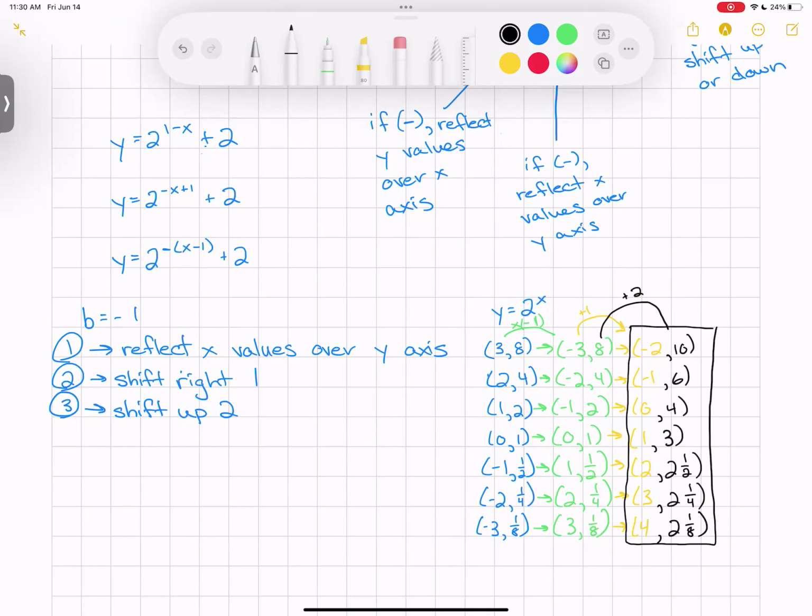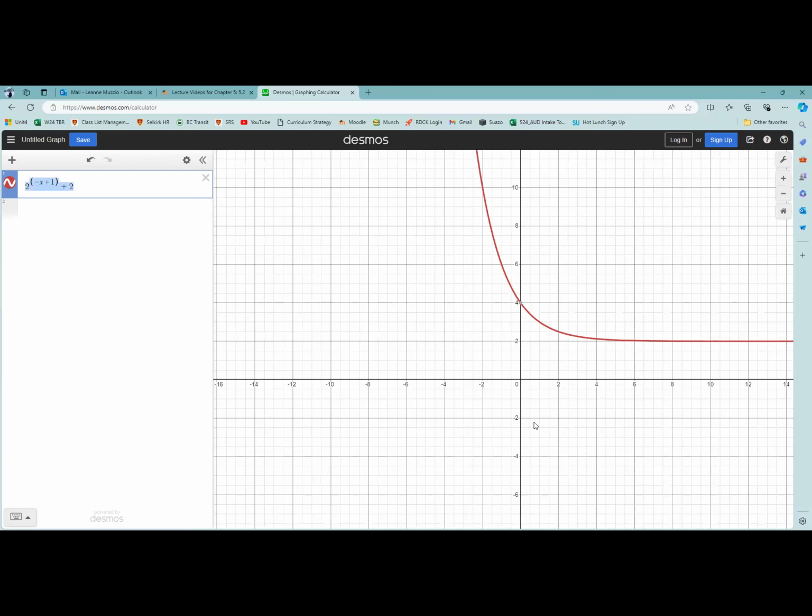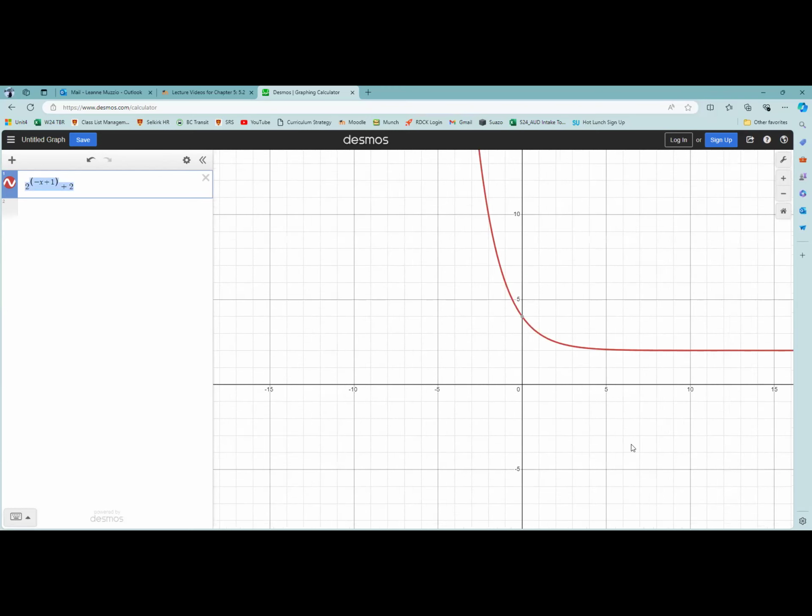And if we wanted to check our work, I've put this graph in Desmos. So let me show you that. Okay, and so here is Desmos, and I've input that graph over here. Let me zoom out a bit, and let's just check if our points make sense. So we're saying there's a point at -2 and 10.